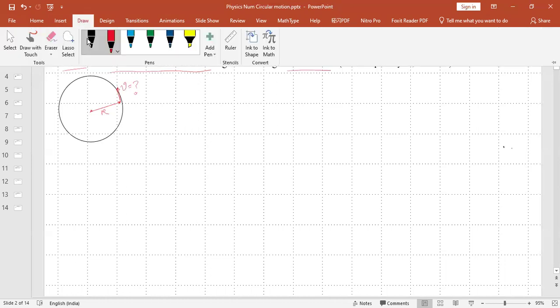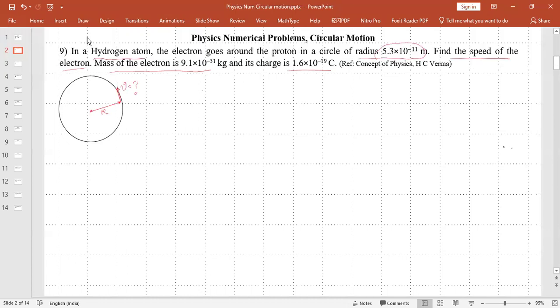For the problem, you have to look into this angle: the centripetal force is provided by the Coulomb force.